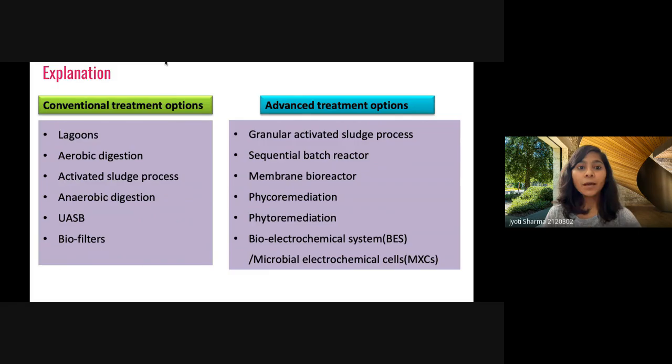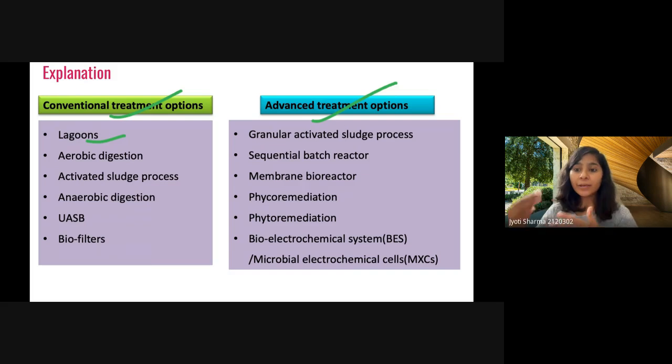secondary treatment, and this is again the previous week's slide, in which I told that in secondary treatment we have some conventional treatment options and some are advanced treatment options. If we are having lagoons, lagoons are just like shallow lakes or ponds that we have.